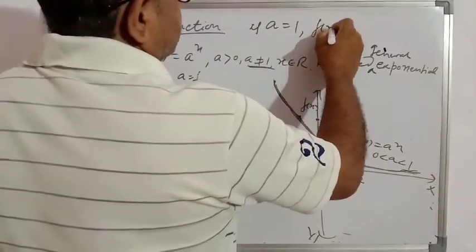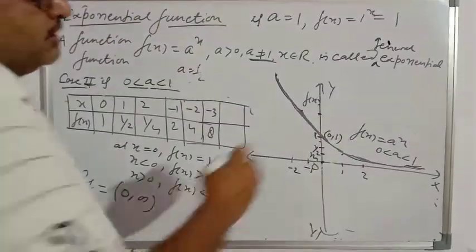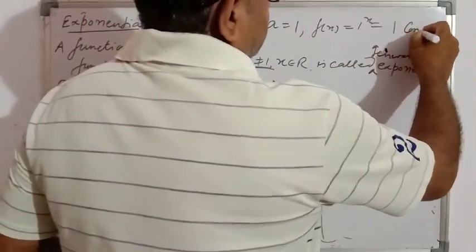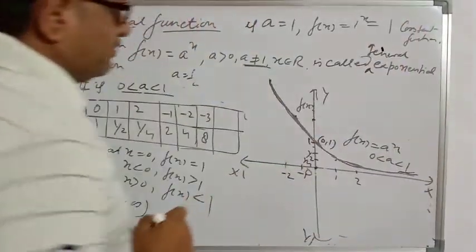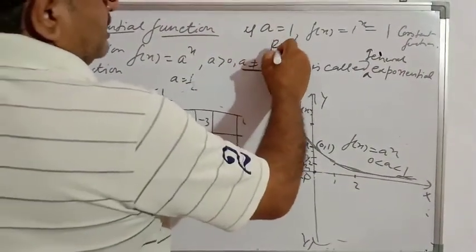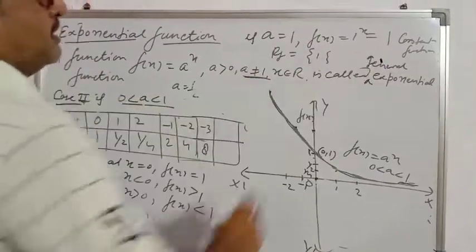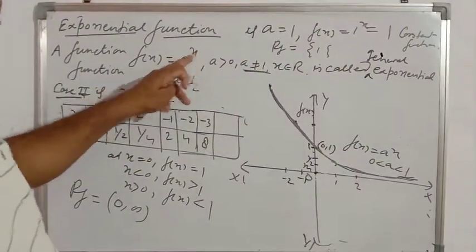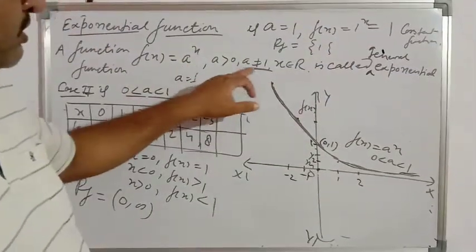what will f(x) be? f(x) will be 1 to the power x. 1 to the power x means 1. So we will get a constant function. And what will the range be? The range will be only one element, that is 1. So for all values of x, f(x) will always be 1 if we take a = 1.